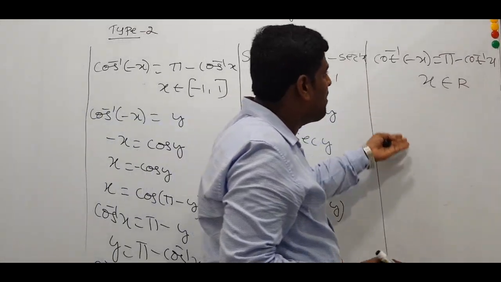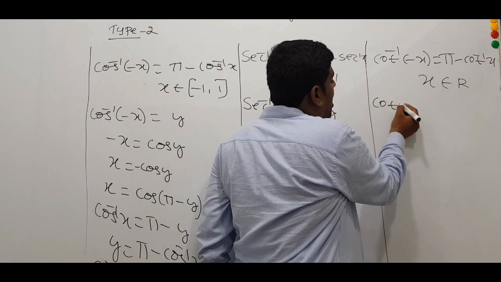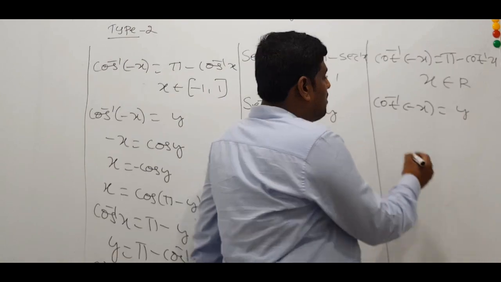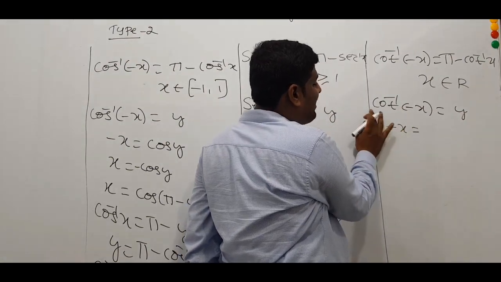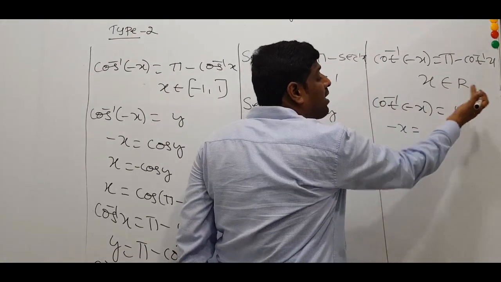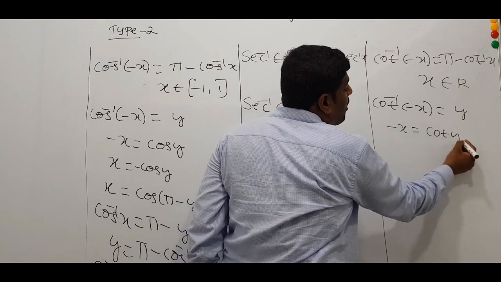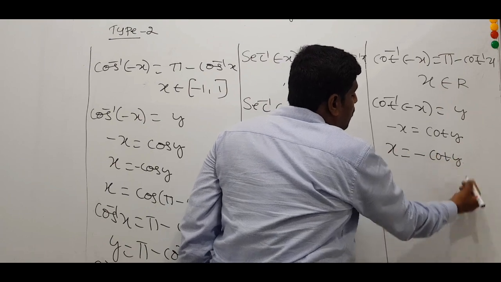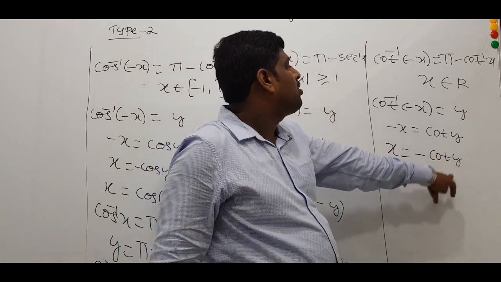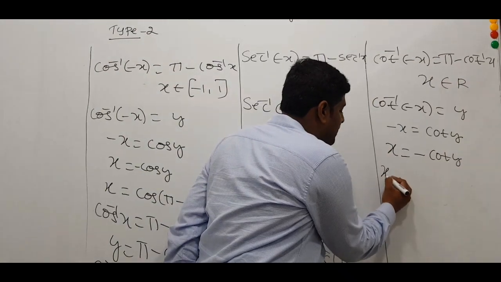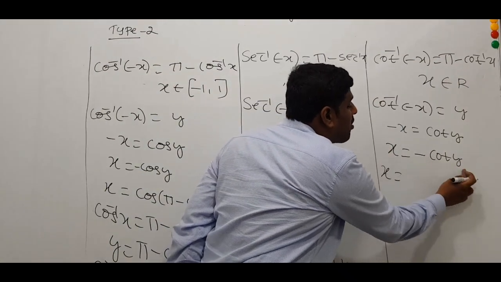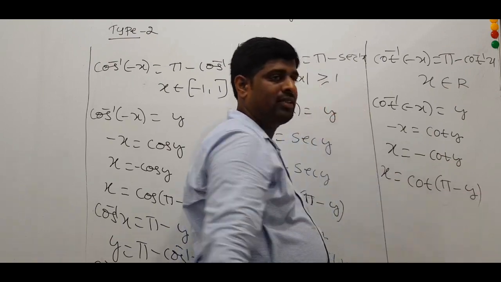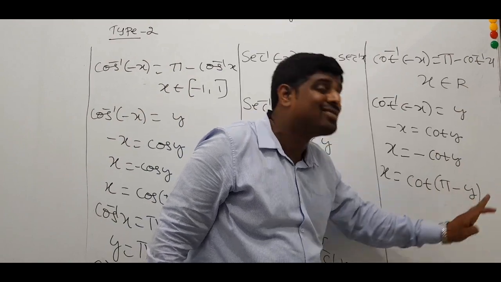Now continue this property. Let us take cot inverse of minus x is equal to some y. Minus x is equal to cot y, shifting the cot inverse to the RHS. Now x is equal to minus cot y. Now this satisfies the domain. So x is equal to minus cot y, which can be written as cot of 180 minus y, that means cot of pi minus y.